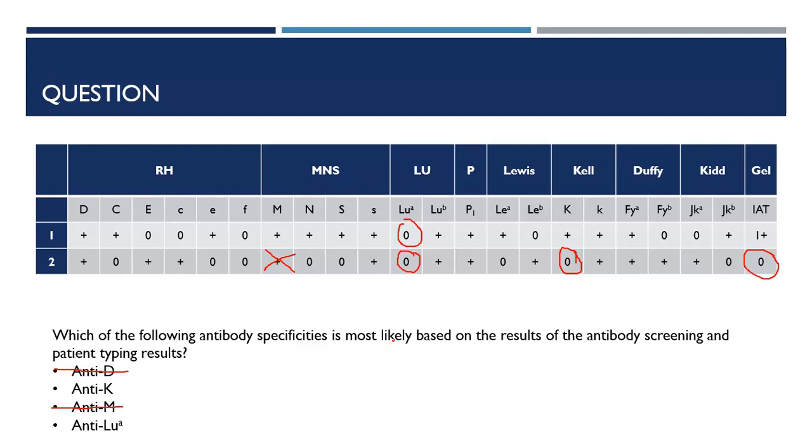So the likelihood of this specificity being anti-Lutheran A is low because we had reactivity on panel cell 1, even though Lutheran A is negative, but we also had a negative reaction on screening cell 2 when Lutheran A was not present. So of this list, the most likely antibody at this point is anti-big K because we have not ruled it out. But remember, on our earlier preliminary rule outs, there were other specificities that we also had not ruled out.